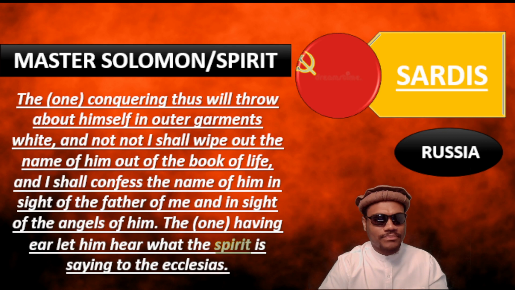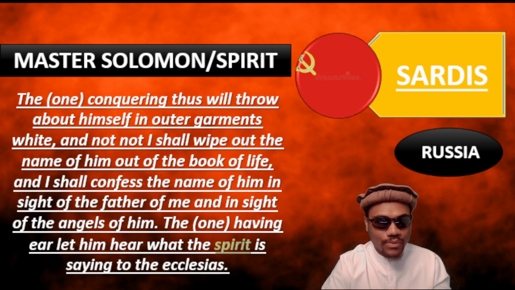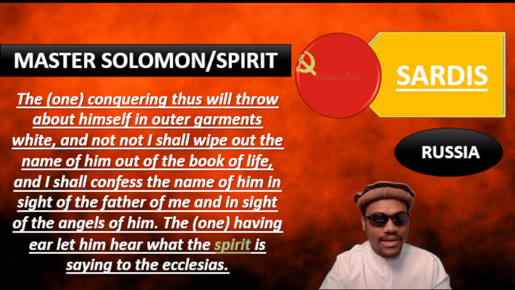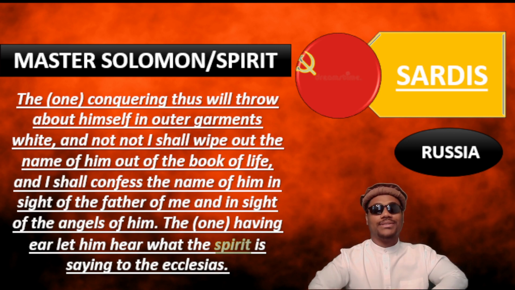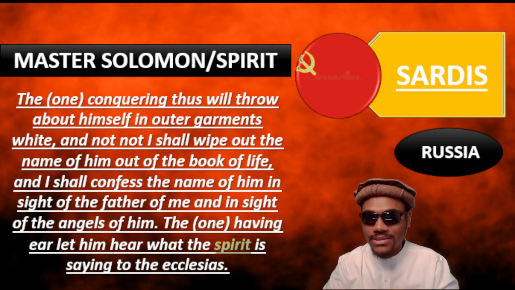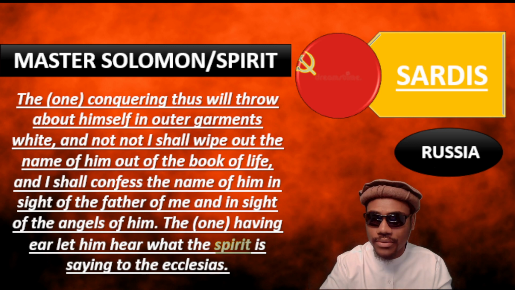Right? So, usually, what is that saying? Well, I'm throwing about himself in outer garments, right? So you had garments on, then you're throwing yourself out of garments, meaning whatever garments you had on are no longer on you.